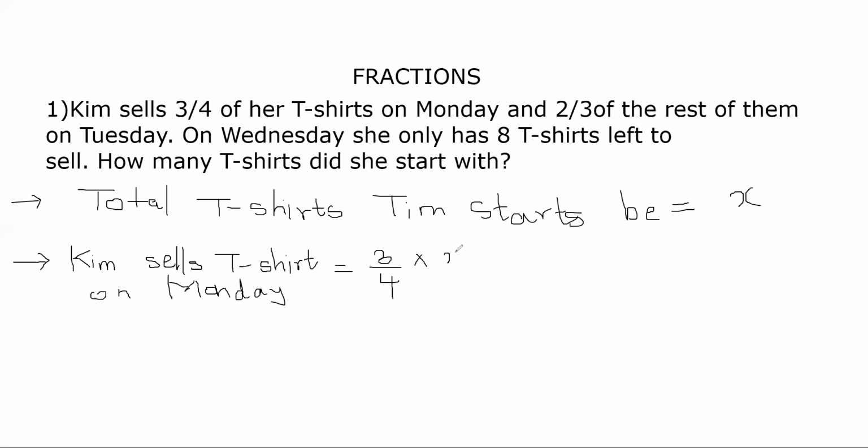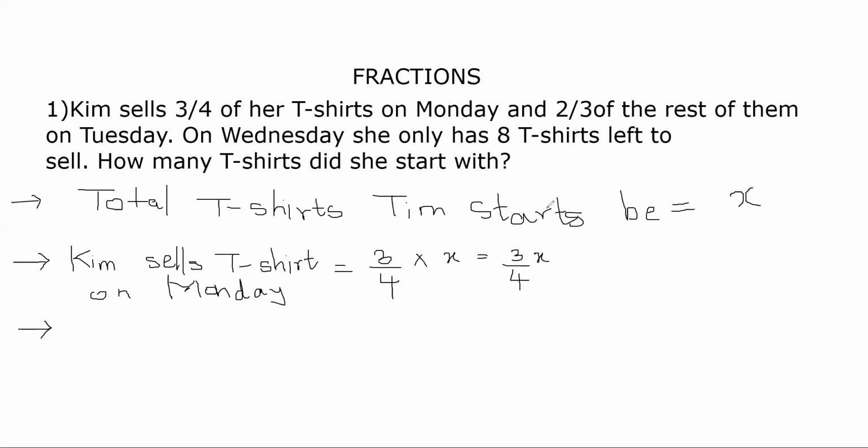So Kim sells 3/4 of the t-shirts, that is 3/4 of x. So these are the number of t-shirts Kim has sold out of x t-shirts.